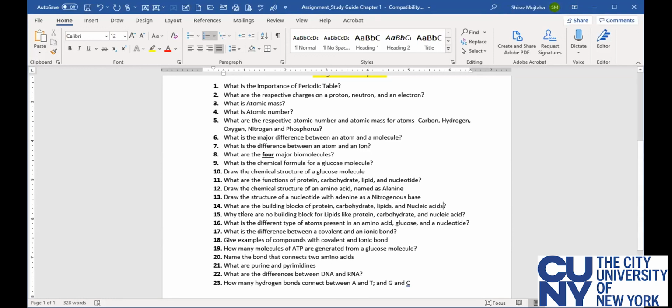15th question is, why are there no building blocks for lipids like protein? Yes, there is a building block for lipid, but lipids are very diverse molecules. A common backbone is shared in proteins, in carbohydrate, glucose, and in nucleotides.